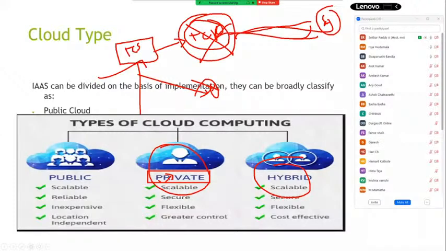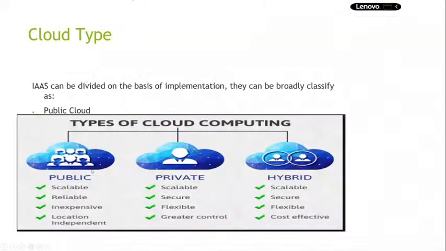Here also it is the same. A few applications are running in public and some applications are running in private. If we establish the connection between these two and access everything, we call that hybrid. But hybrid is costly, and more flexible and secure as well. Also, it is high cost. I will let you know how to do the tunnel later.